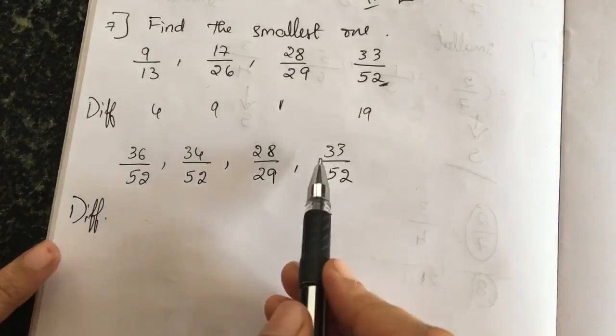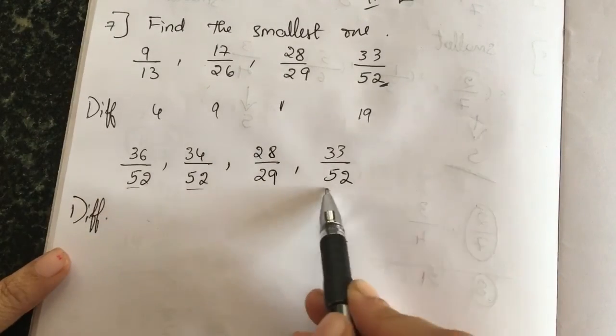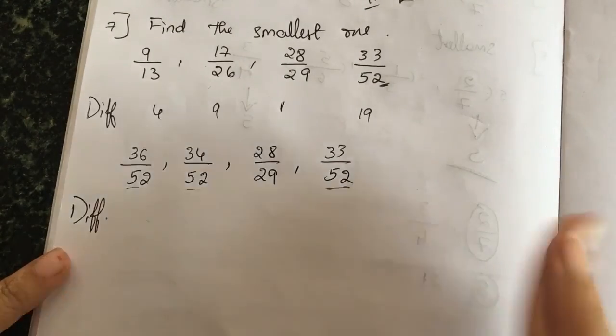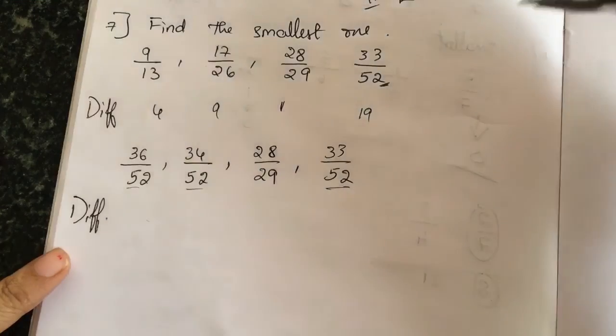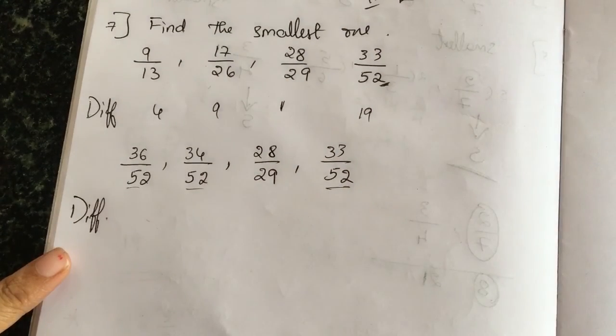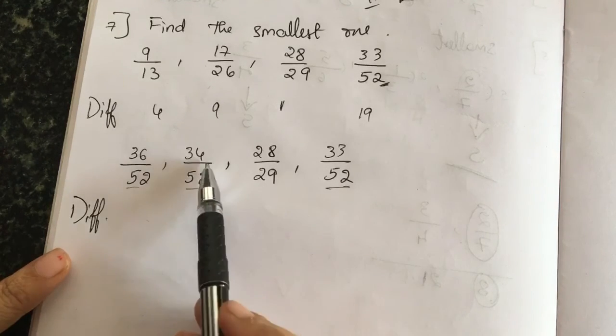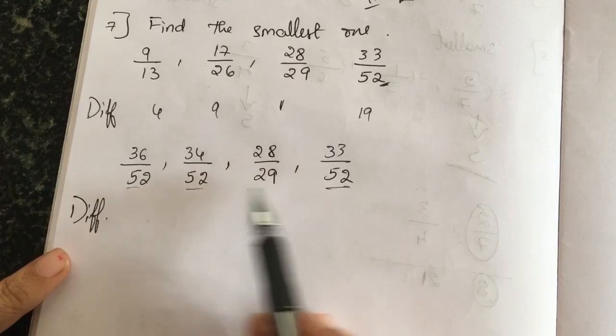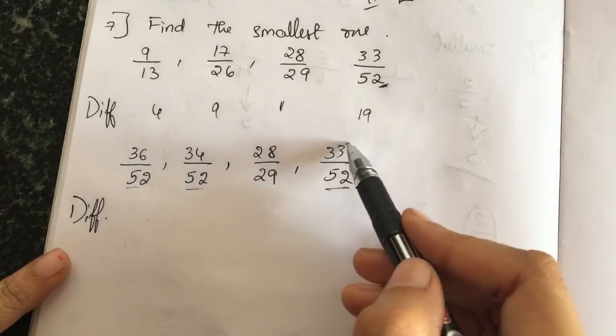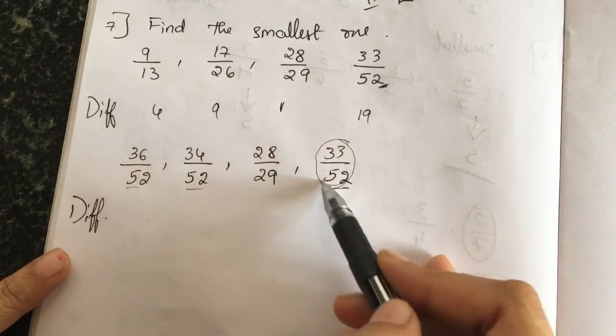See here these three are like fractions, so the number with the smaller numerator will be the smaller one, right? Smaller number is the smaller one. In this case, this is the smaller one, right?